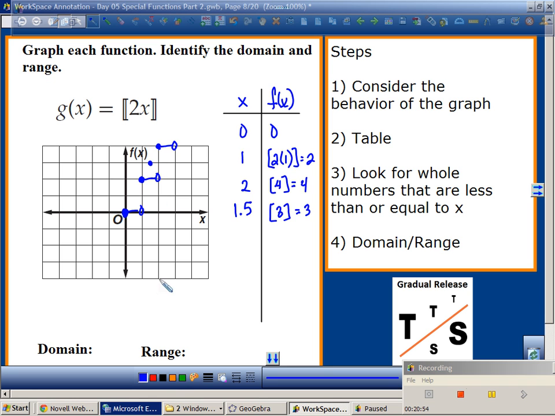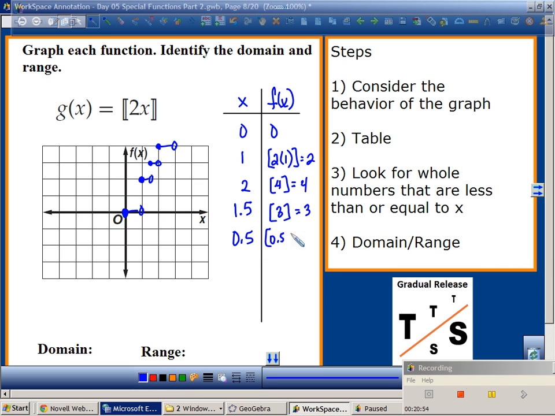So what's happening? If I put in 1.5, my step isn't that long. Check this out. My step's only that long because it stepped up right there, right? So this must go over to right here. What if I put in 0.5? What do I get?